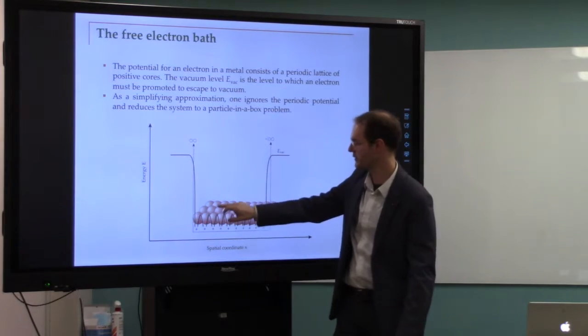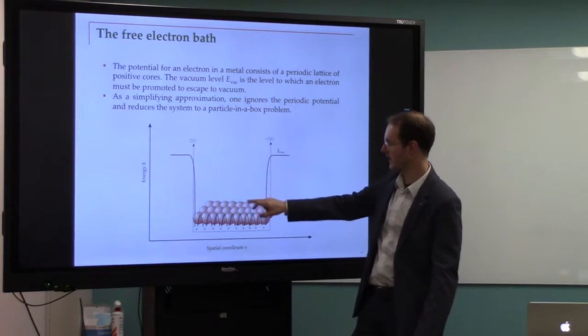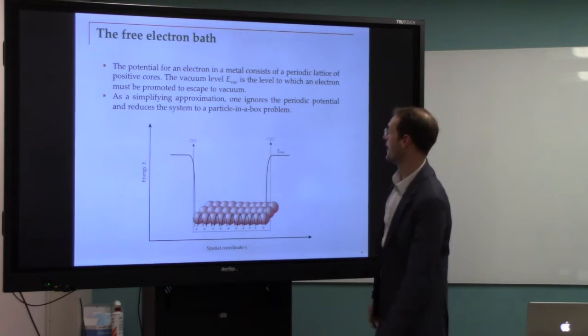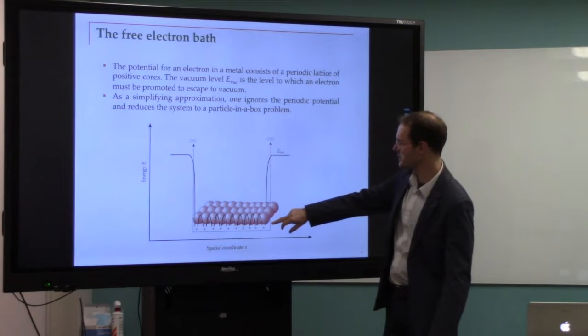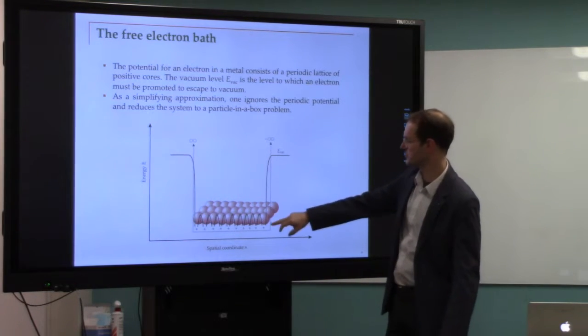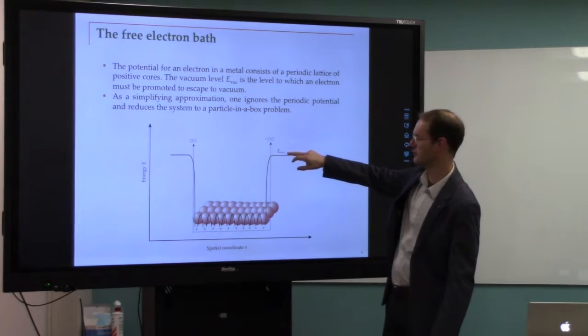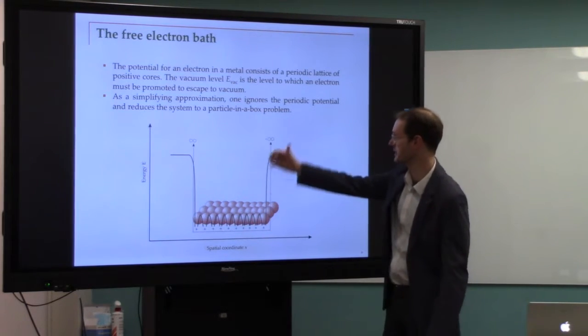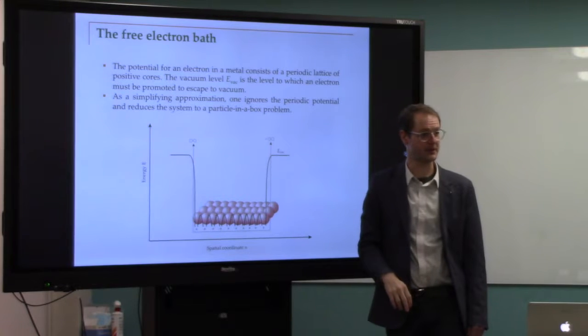So you have this periodic potential that varies with the atomic lattice. And then at the edge, there has to be some sort of edge effect, so the energy rises to a level called the vacuum energy, which is the energy that an electron would need in order to escape from the metal.